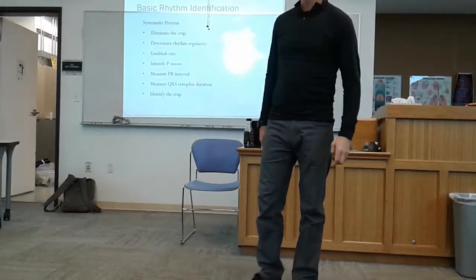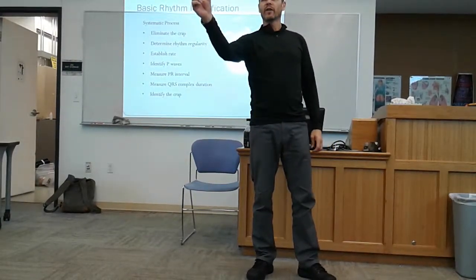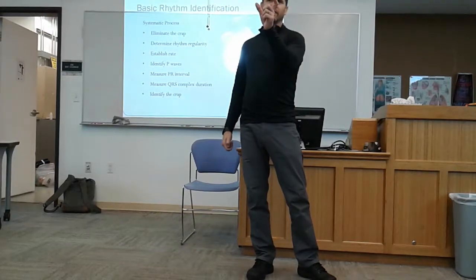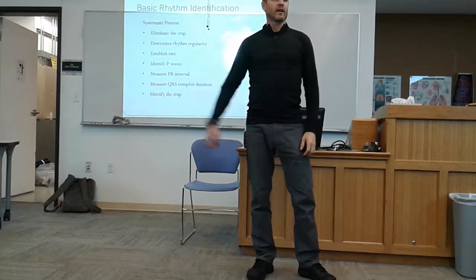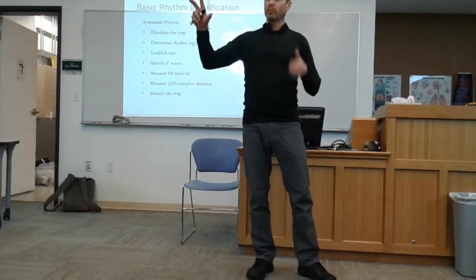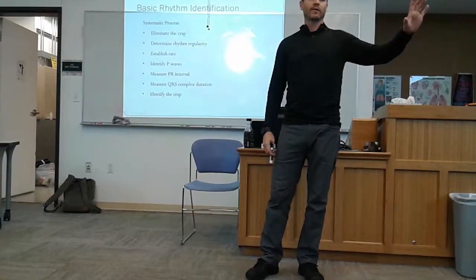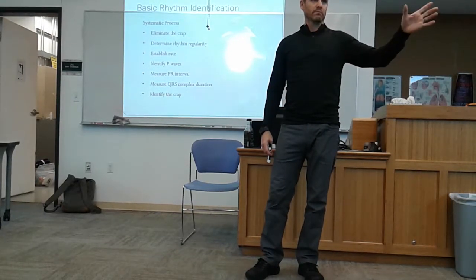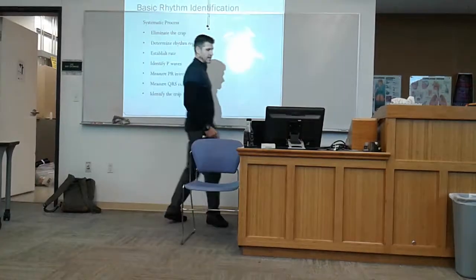So, for example, I have an accelerated junctional rhythm with ST elevation and 3 PVCs. I name the rhythm, I plug in the word "with," and I identify the crap, if there is any. Make sense? Okay, so let's break all of that down a little bit here.